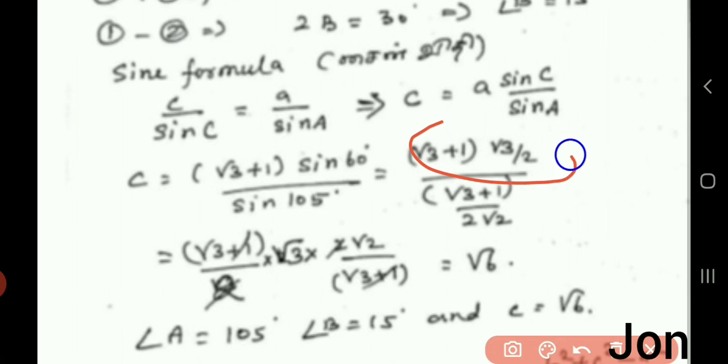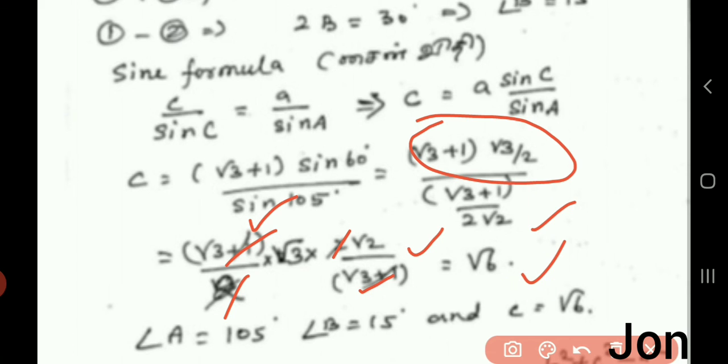Keep the numerator as it is, and the denominator becomes the reciprocal, and then cancel these two things, and 2 and 2, and then the remaining thing is root 6. Root 3 and root 2 is there, so the multiplication is root 6. Therefore the value of c is root 6. Now we got the value of c, angle A, angle B.